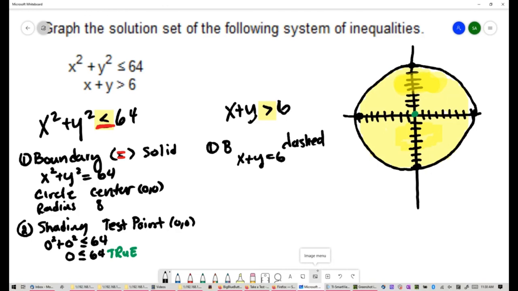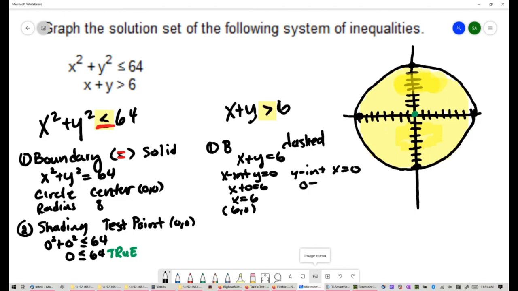So I need to draw that boundary line, and I'm going to draw it by using both the x and y intercept. I can find the x-intercept by letting y equal 0. That would give me x plus 0 equals 6. x equals 6, so I have an x-intercept of 6, 0. The y-intercept by letting x equal 0.